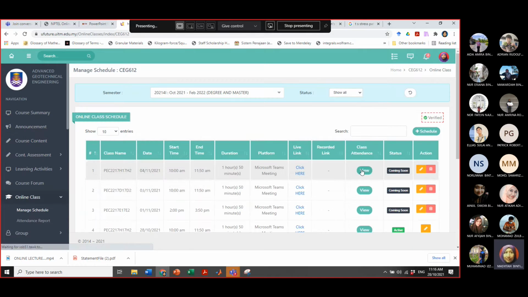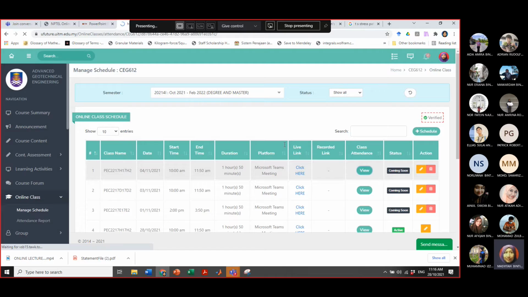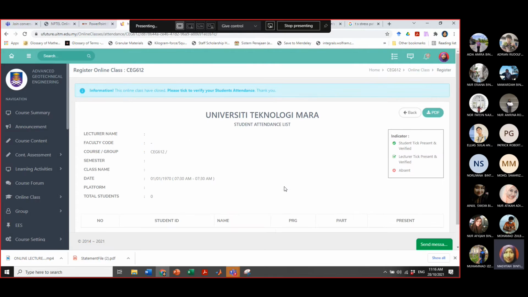You buka dekat sini, you klik lah hadir. So dekat situ dia bagi tempoh 15 minit sebelum kelas habis ataupun 15 minit selepas kelas habis. Tapi memang you kena klik. Kalau you tak tick kehadiran kat sini, makna kata dia akan affect percentage lah. Percentage ni nanti bila saya total up antara learning activities dengan online class tak cukup.